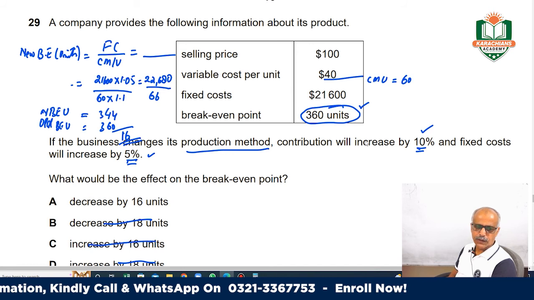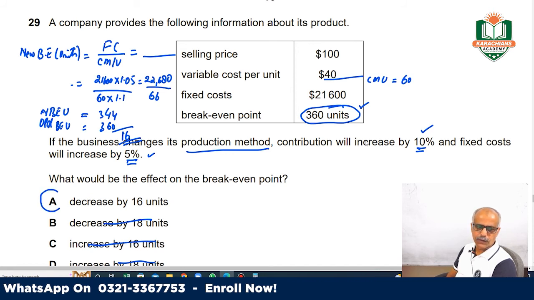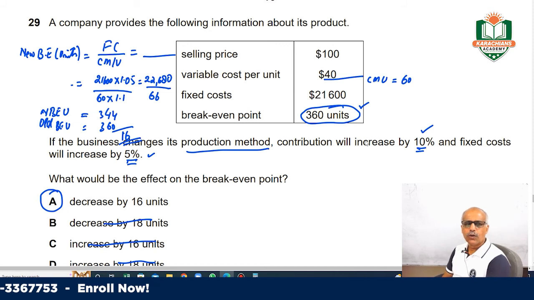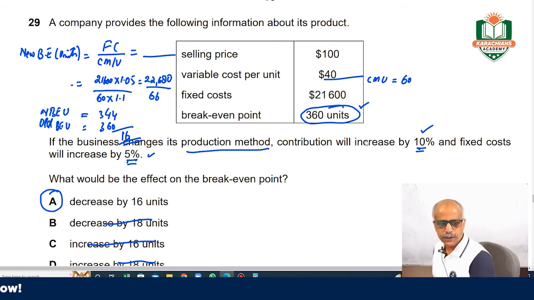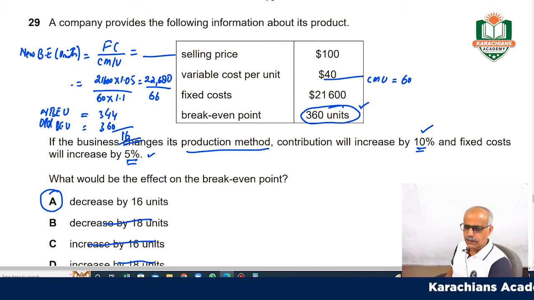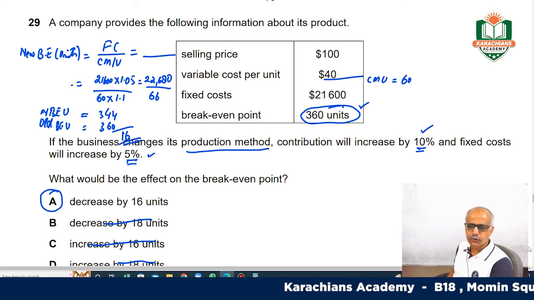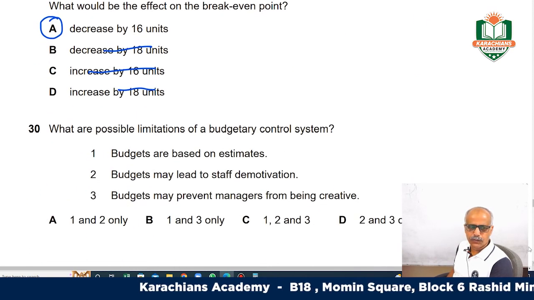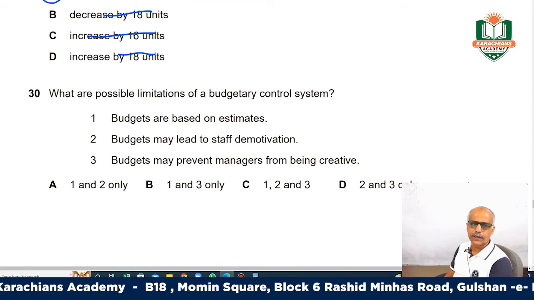We are not increasing, the units are decreased. So we are done with question 29 and its answer is A. Hope you have understood this, and we move on to the last question, question 30.